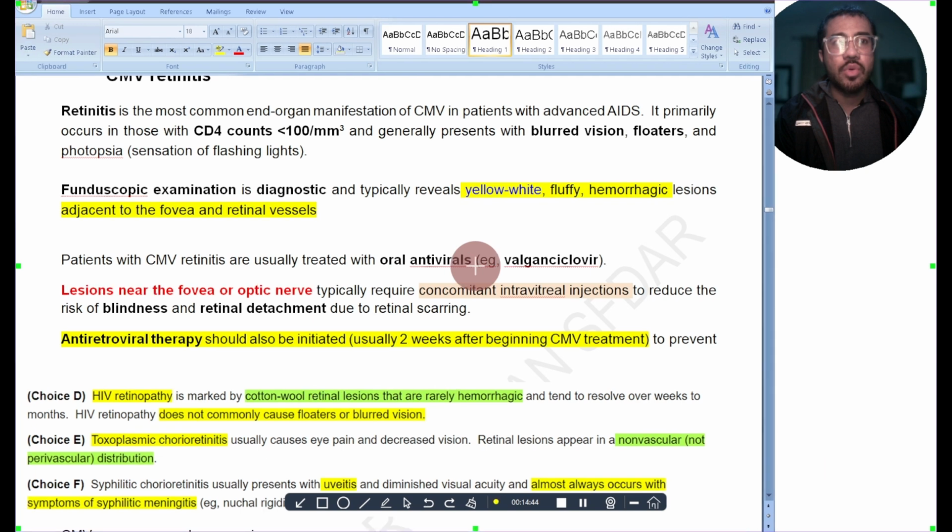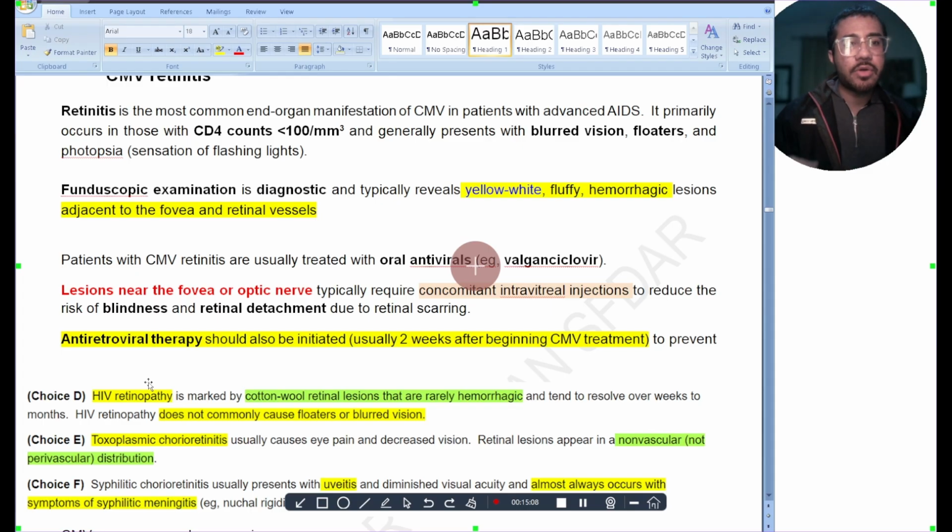That is how you are gonna be able to differentiate between them. And when it comes to CMV retinitis, you are gonna have a CD4 count less than 100, blurred vision, floaters. This blurred vision and floaters is not present in HIV retinopathy. So the presentation is relatively mild. That is how you'll be able to differentiate.